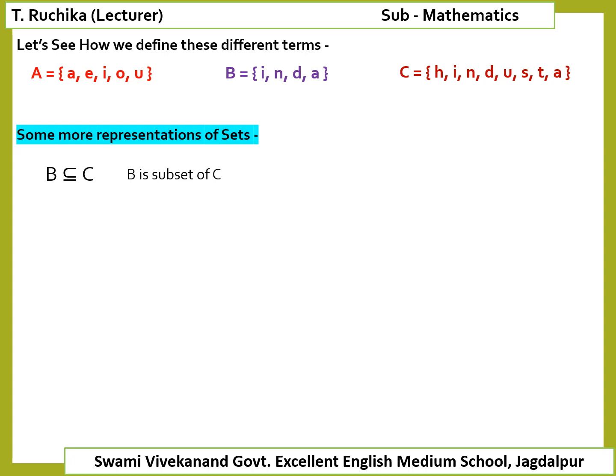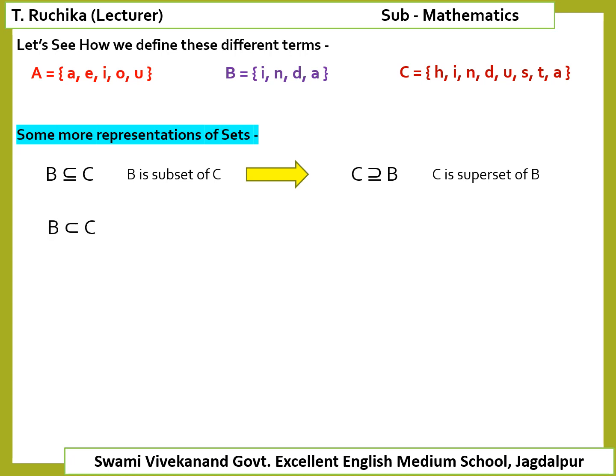What does it mean? It means all the elements of B are in C. All the elements of set B, like I, N, D, A, are in the set C. When B is a subset of C, then C is called the superset of B. I think it is clear. B is a subset of C and C is a superset of B.